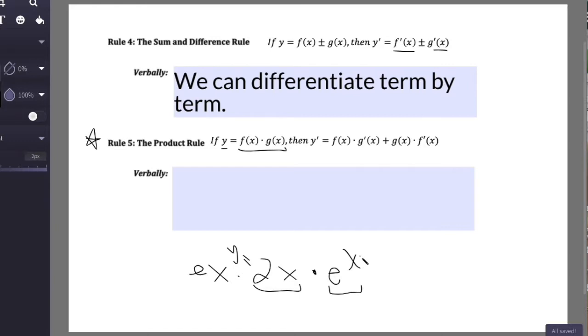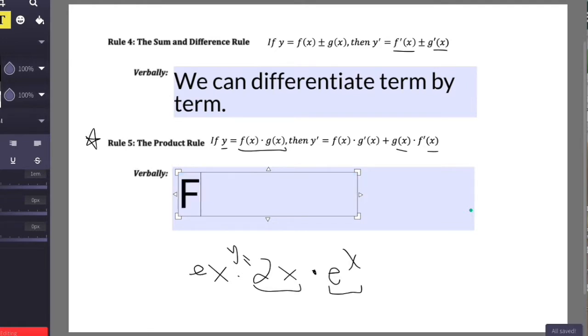And when you're differentiating those, the overall derivative is equal to the first function times the derivative of the second, plus the second function times the derivative of the first. I like to write that out and say it to myself to help remember it. Here's how I remember it.